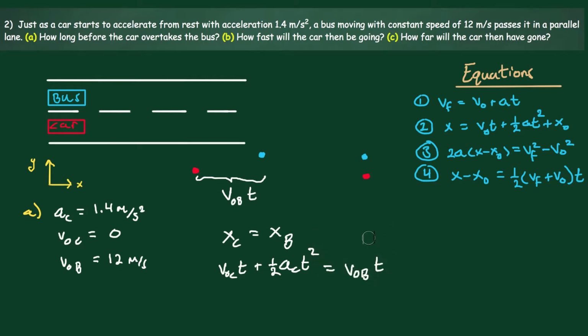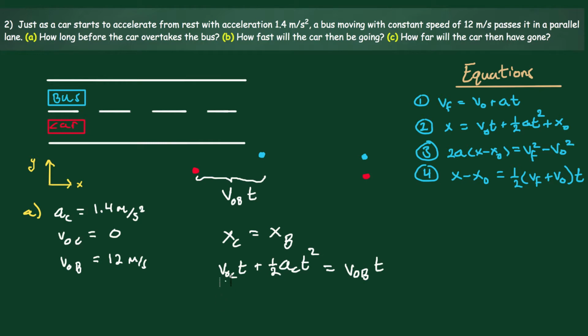Okay, so this is the equation that we have to solve in order to get the time, right? The t over here, I mean, obviously once we group everything together, we're going to have a quadratic equation, and we're going to have to solve for the time, probably using the quadratic formula.